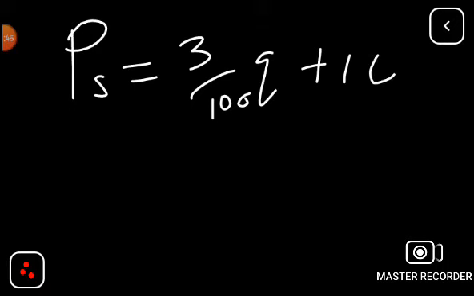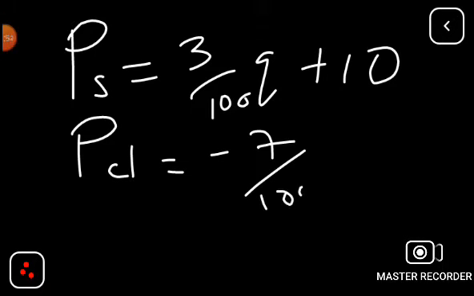We've said our new supply function is now P = 3 over 100 q plus 10, and our demand function is not manipulated, it just remains the same: P = negative 7 over 100 q plus 50.